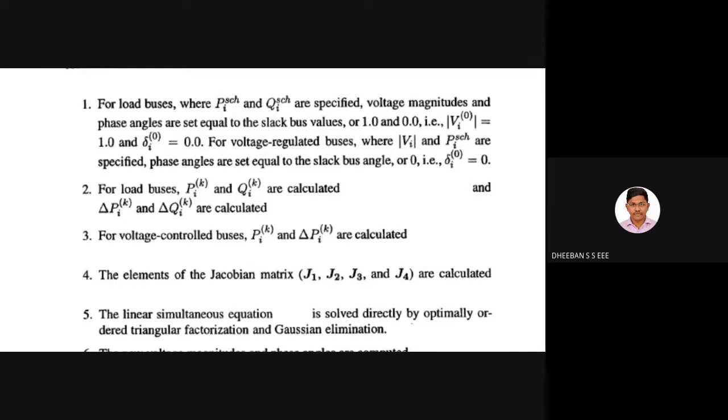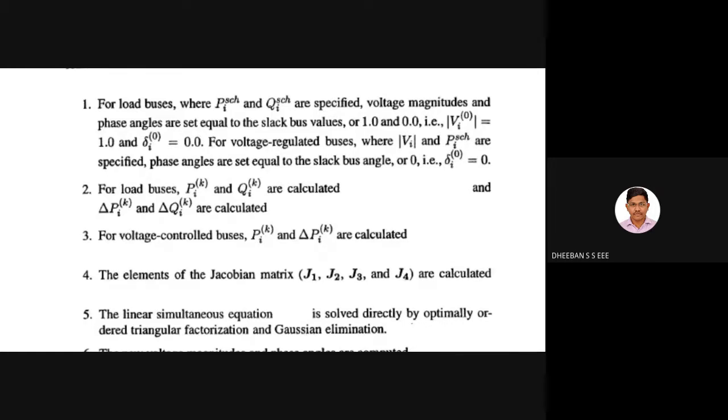While dealing with the Gauss Seidel problem, we have seen this: you take the value of the slack bus as the reference, and you initialize all the other bus voltages to be equal to 1. That implies you are maintaining a flat voltage profile.